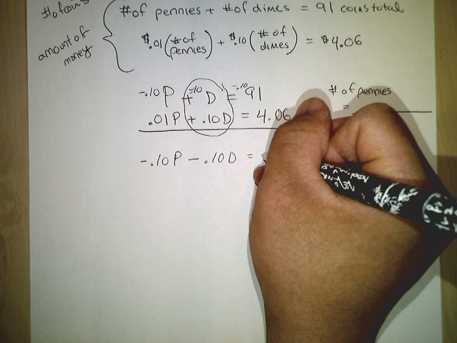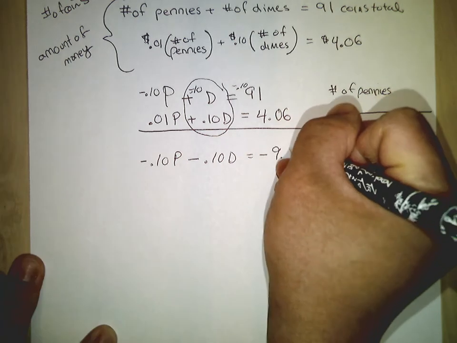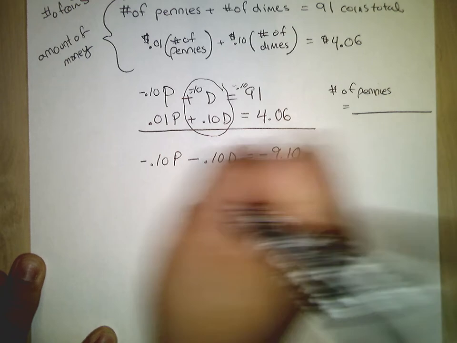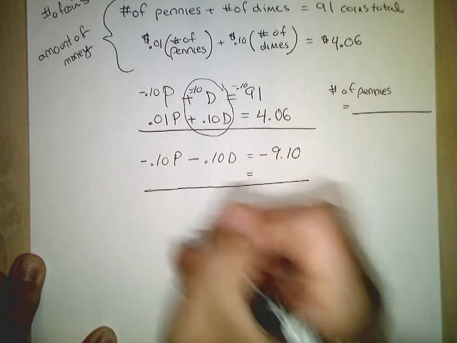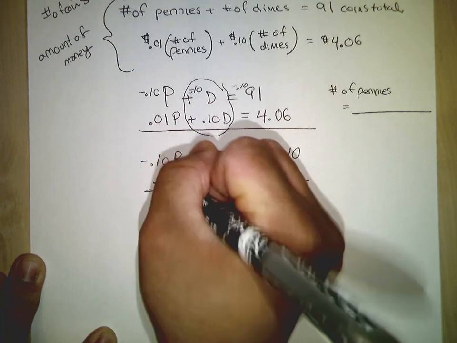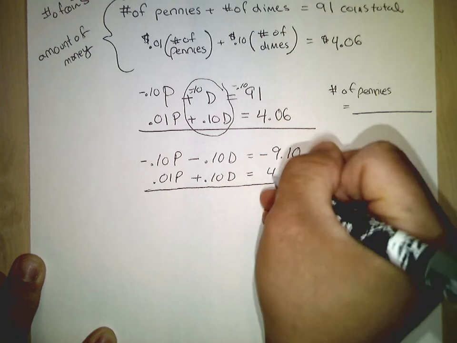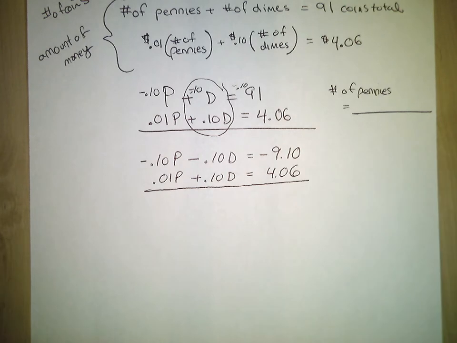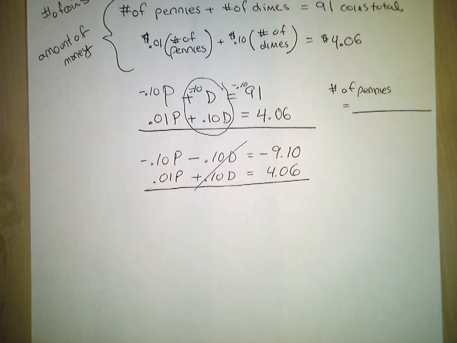All right, good. So negative 0.410, just to make sure that we line up the decimal places, will be 0.01p plus 0.10d is 4.06. All right, so now the d's are eliminated. Negative 0.10 plus 0.10 is 0.